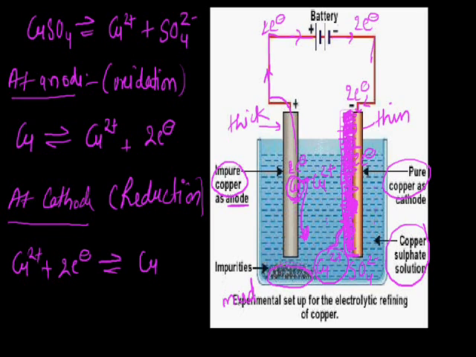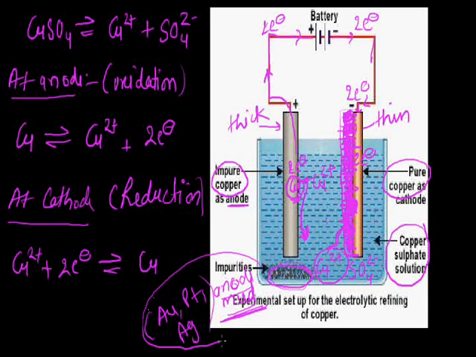It is present in the lower side of the anode, so it is known as anode mud, and it contains impurities like gold, platinum, silver, etc. So anode mud is also a very precious mixture, but our task is to remove these impurities from copper. So overall we get pure copper here, and impurities there. We have separated the impurities from the copper, and now we get 100% pure copper by this process of refining.